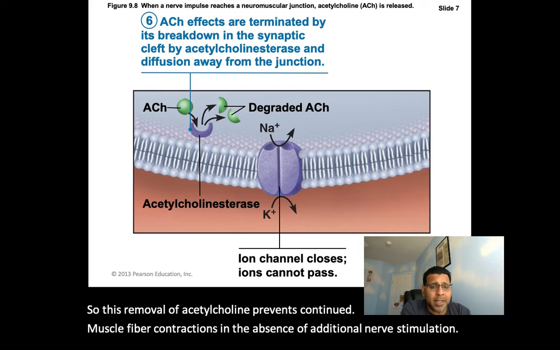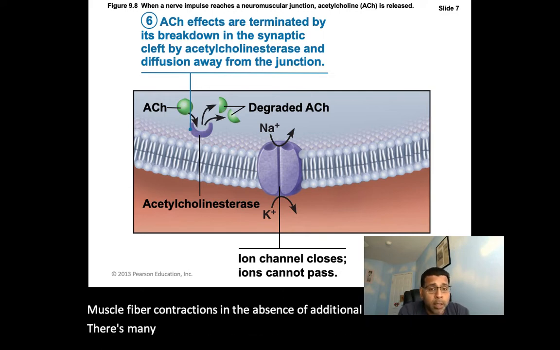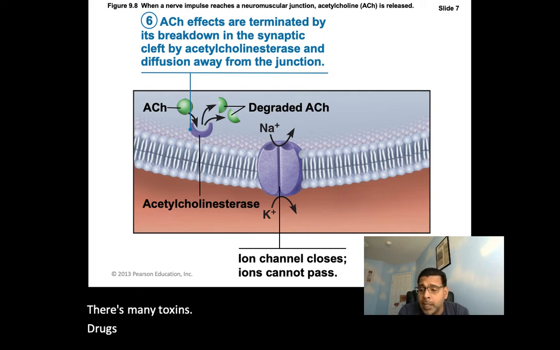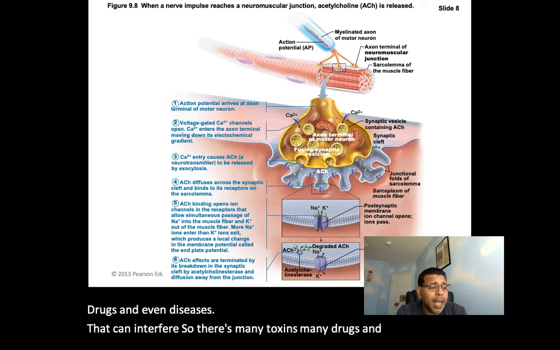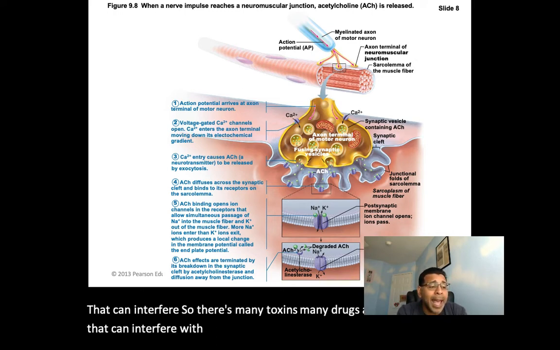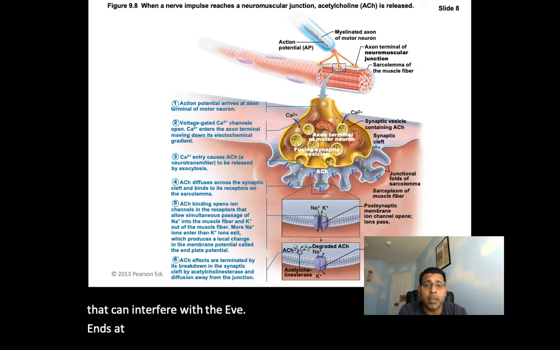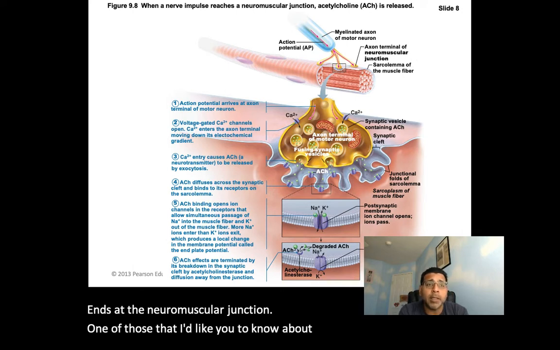There are many toxins, drugs, and even diseases that can interfere with the events at the neuromuscular junction. One of those that I'd like you to know about is myasthenia gravis.